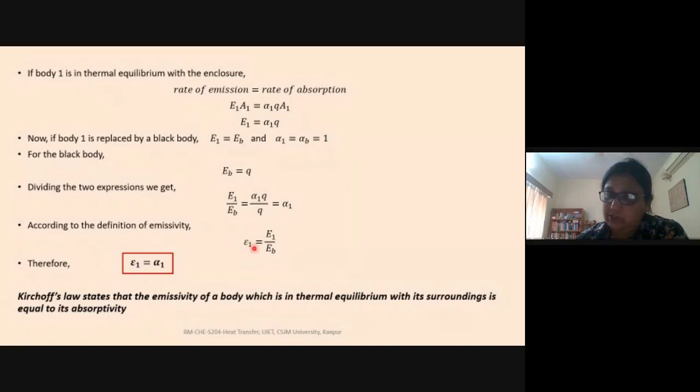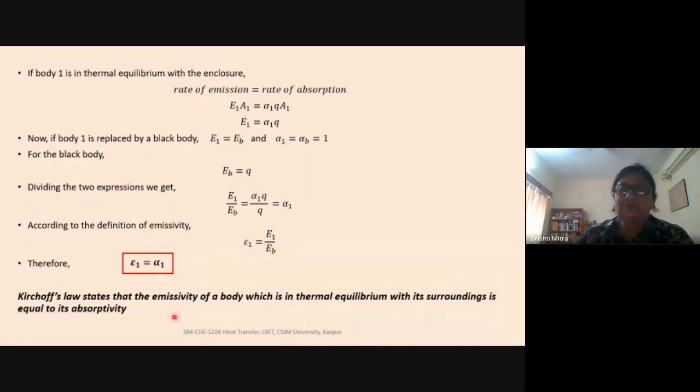So this is my definition of emissivity. And if you look at the alpha expression, it comes out to be exactly the same, the emission given out by any body by the emission given out by the black body. So based on this, we can say that epsilon 1, or the emissivity, is equal to the absorptivity.